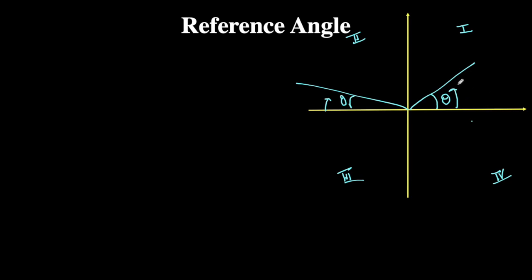So what is the reference angle for this theta? In the first quadrant you have theta. In the second quadrant, this is your complete 180 degrees, and this angle is theta. So 180 degrees minus theta is your reference angle in the second quadrant.